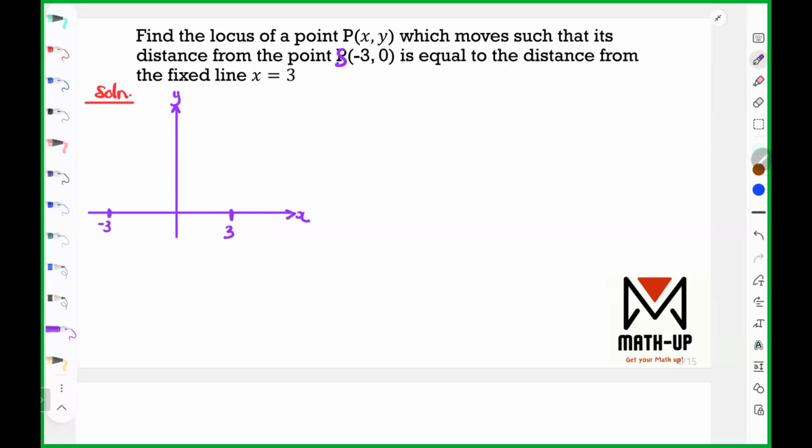We're saying that the distance from that point Pxy to the coordinate S negative 3, 0, assuming this is the coordinate, so this distance is equal to the distance of the point Pxy from a fixed line X is equal to 3. So assuming this is my line, X is equal to 3, passes through the X coordinate, which is parallel to the Y axis.